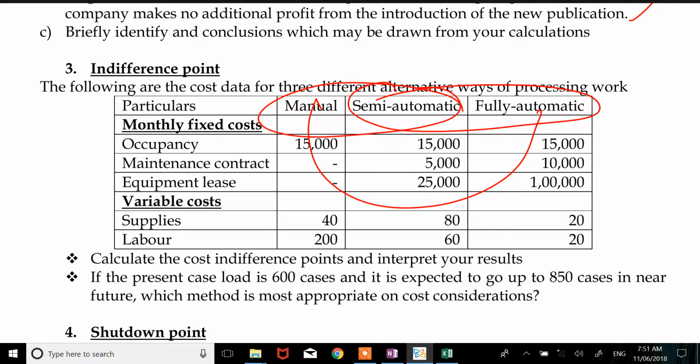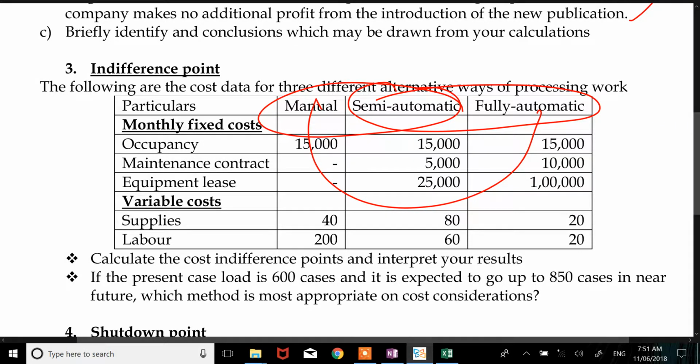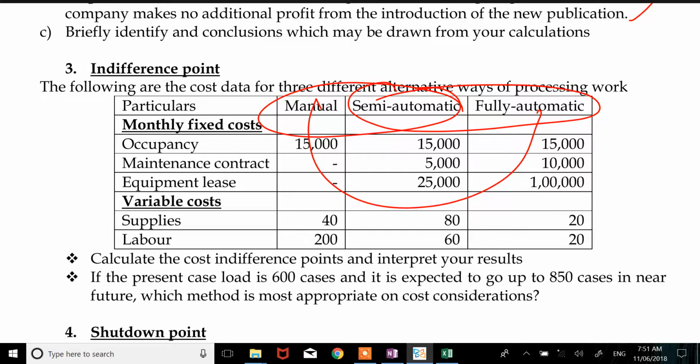So let's start. Indifference point equal to change in fixed cost by change in variable cost per unit. Below that, between M and S. M and S is manual and semi-automatic.